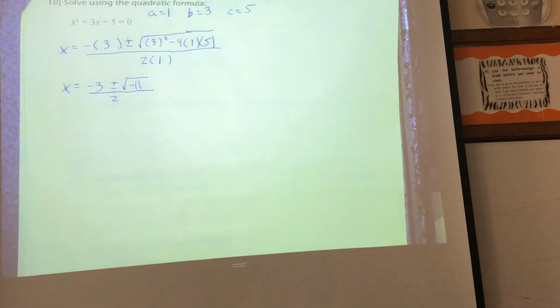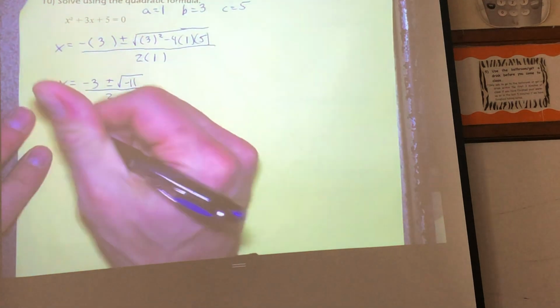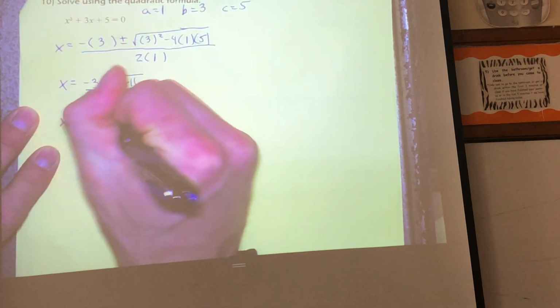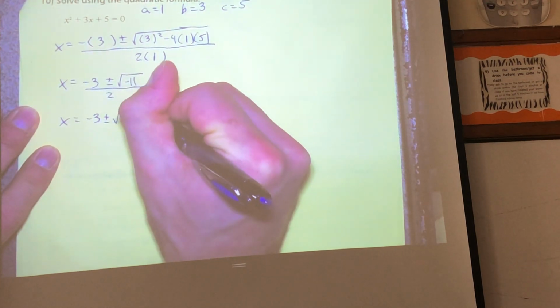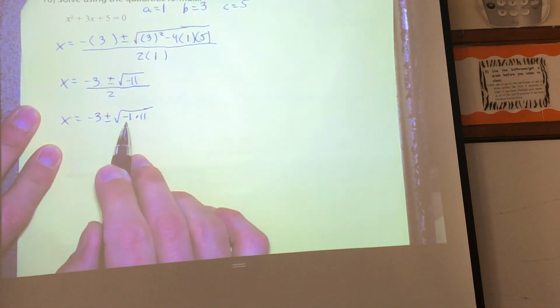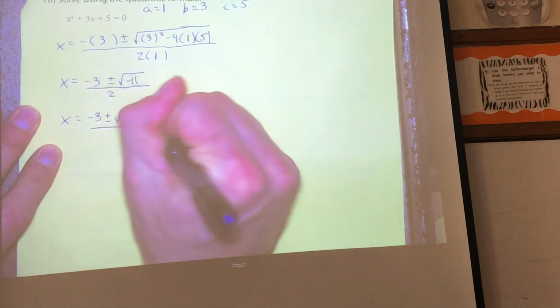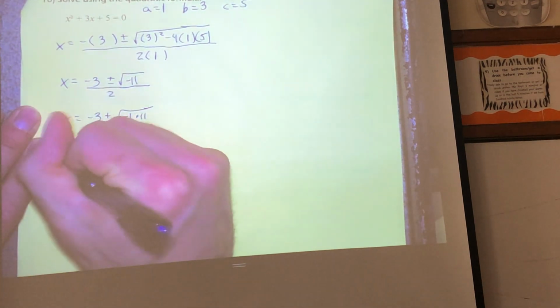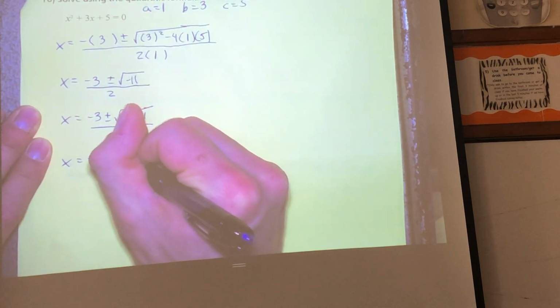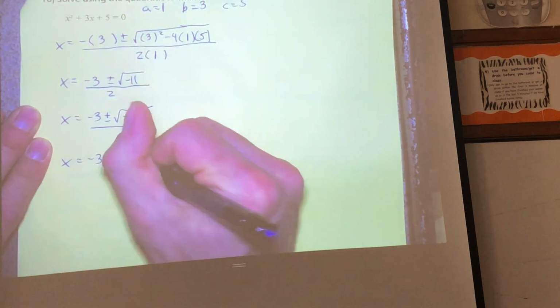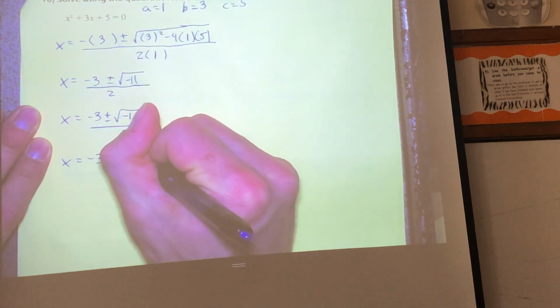Now for this one, this is going to be a little bit different. I'm going to rewrite it just as we had before. Negative 1 times 11. Now square root of negative 1 will come outside as an i. Eleven's not a perfect square, so that stays inside.